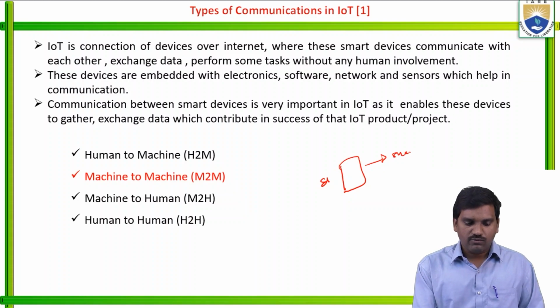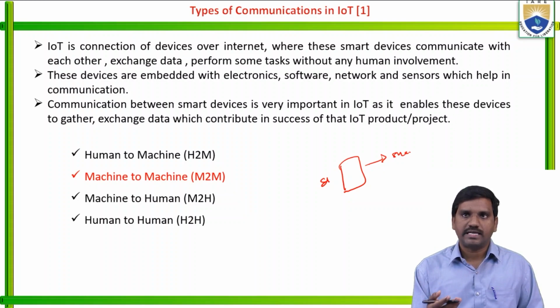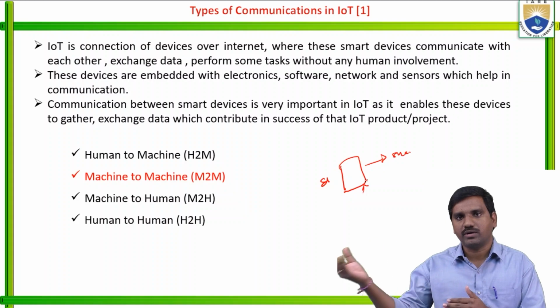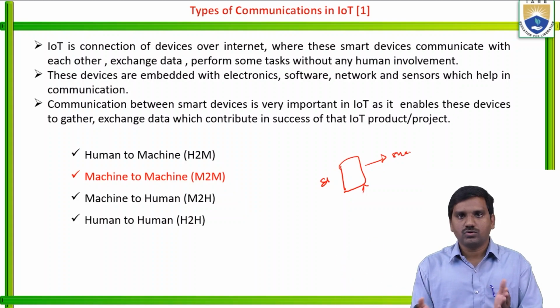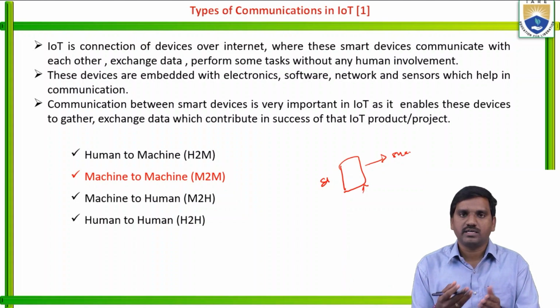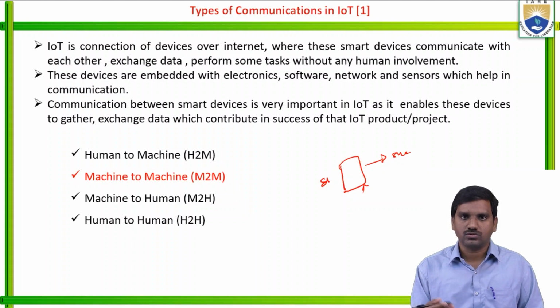So IoT is the connection of devices over the internet, where smart devices communicate with each other and exchange data. After connecting to the internet, the device can transfer data to a particular destination, and some functions may be done based on the requirement, some tasks without any human involvement.